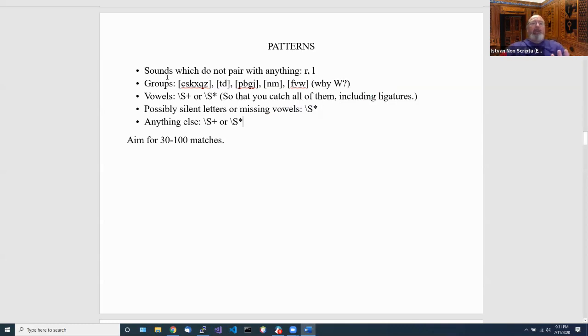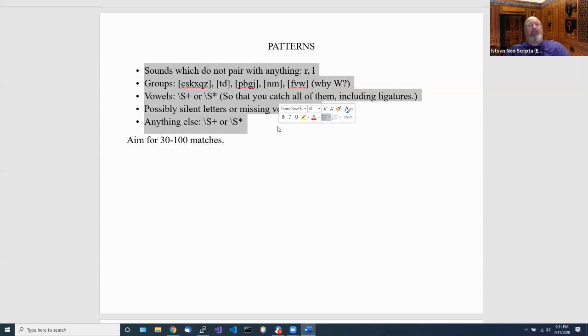Now, this is not prescriptive. This is meant to be descriptive. You don't have to do it exactly this way. You don't have to do it with exactly these groups. This is just a good start.